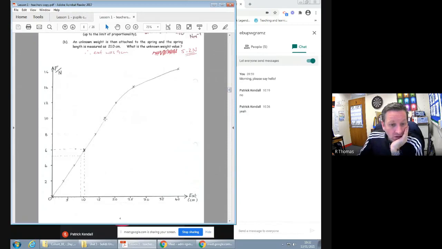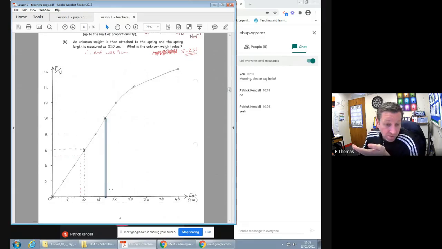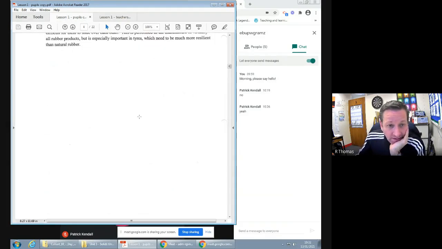Now, if I'm working out, say, the energy stored from this point on the graph, the area under the graph, as you can see, will always be a triangle. You're not going to want to calculate it after you've reached the limit of proportionality, or the elastic limit. So it's always going to be half the base times the height. Now let's look at the mathematics of that then.